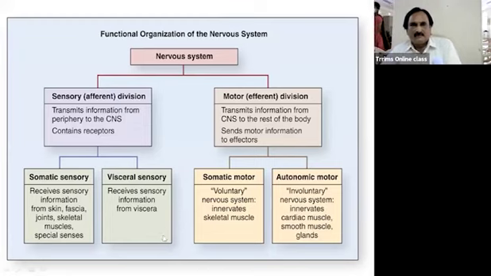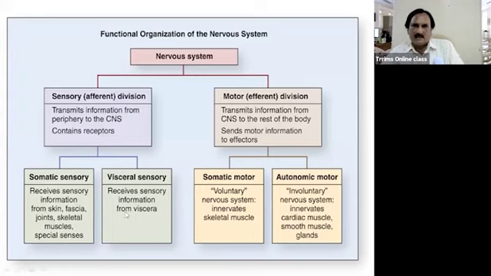So to briefly tell you about the basic organization of the central nervous system, for example, sensory information from various receptors, from the skin, the fascia, joint, the skeletal muscles, and the special senses will go to the brain.